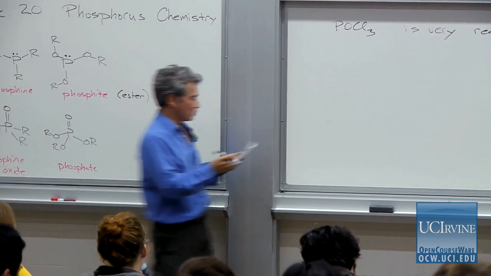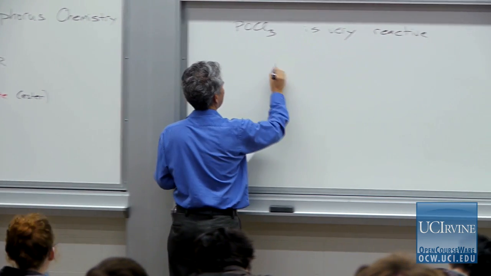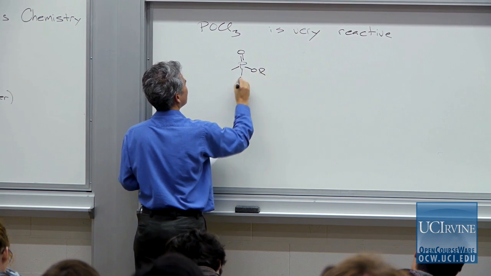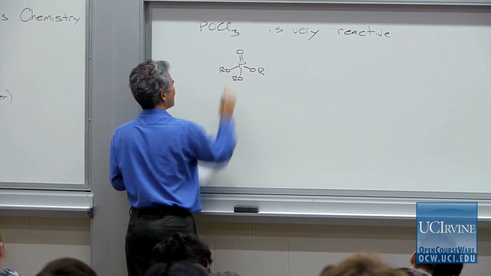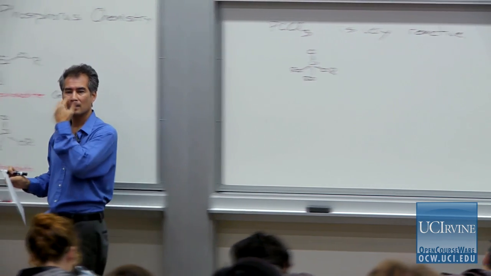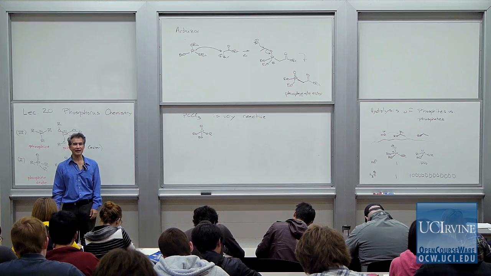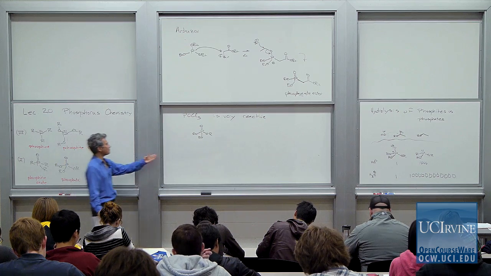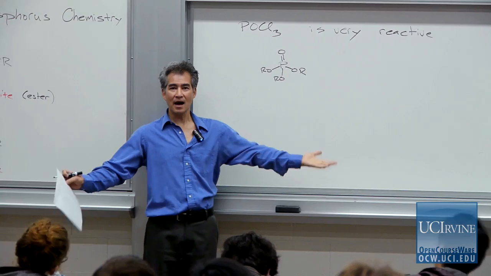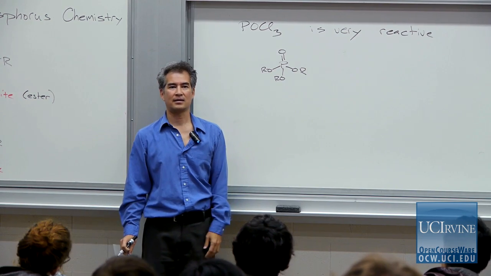Let me just remind you of why this should be so reactive. Typically, if you make a phosphate ester like this, there is some donation. It's not great, but there's some donation between the lone pairs into the phosphorus. And they make it hard for other nucleophiles to attack. If you're coming along with your lame, pathetic lone pair, and there's already 3, 4 sets of lone pairs donating in there, how are you going to wedge your way into that?